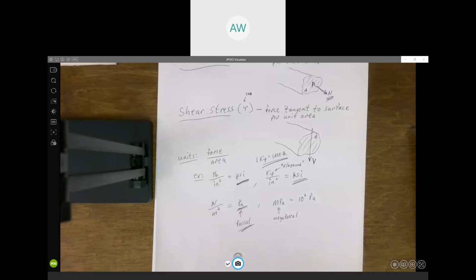And so what we're going to do first is look at normal stress due to this normal or perpendicular internal force and calculate, again, what stress it causes. And then maybe tomorrow we should get into looking at shear stress due to that tangent or shear force.